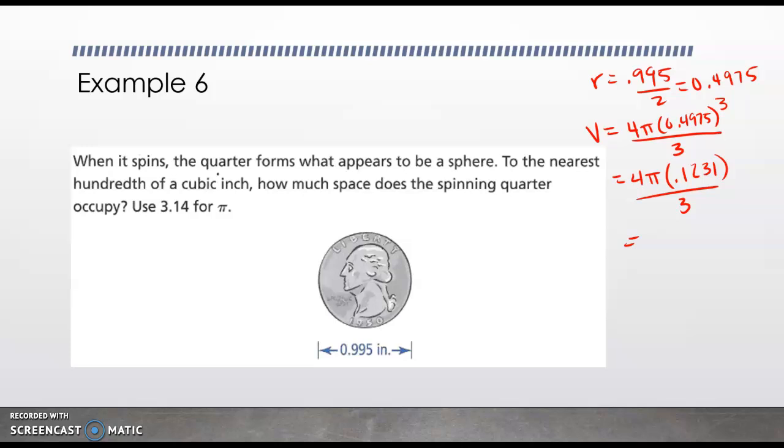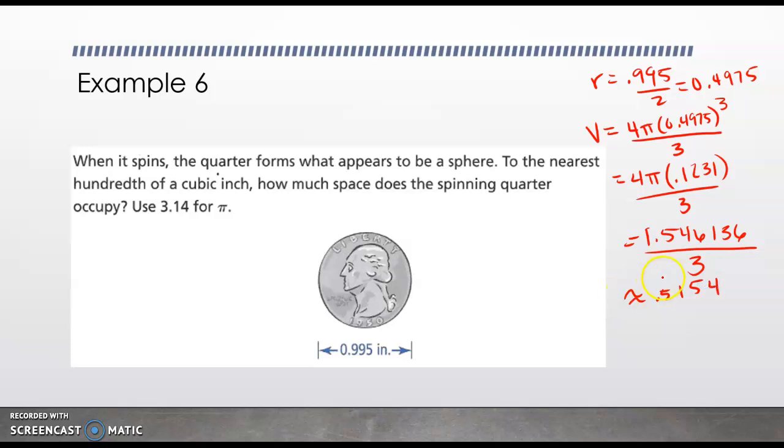When I multiply everything on the top, I get 1.546136. It probably keeps going. I'm going to then divide that by 3. I'm basically just taking what's in my calculator, hitting divide, and then 3. And so I get approximately 0.5154.